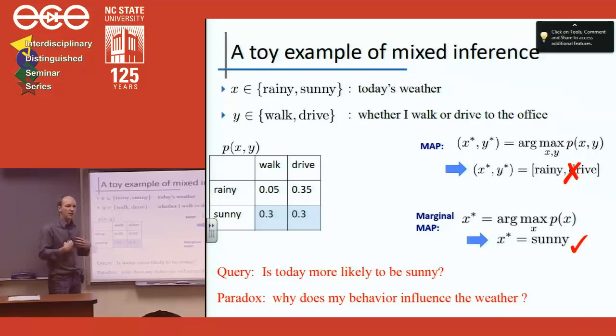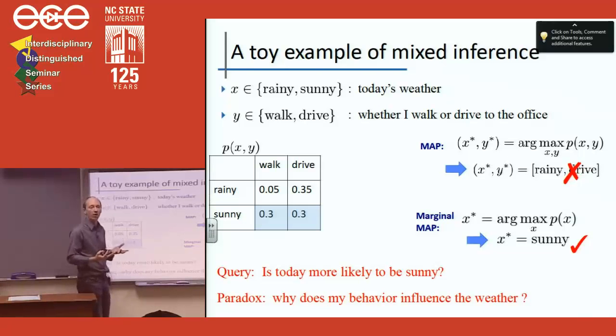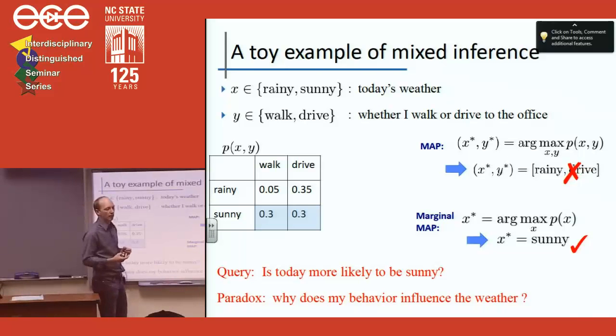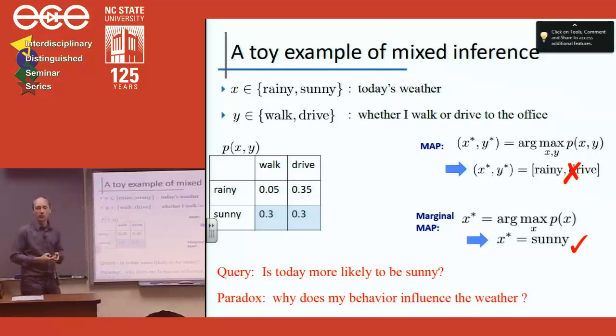If I buy an umbrella and I stop driving as much, then suddenly it'll switch. So that's not a kind of property that we want out of our inference algorithm at all, particularly if we're going to reason about decision problems. Another kind of mixed inference problem are multi-agent decision problems, where you've got random variables and other policies that are being optimized over.